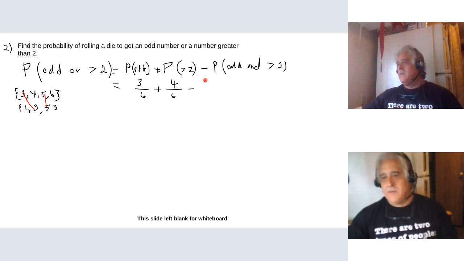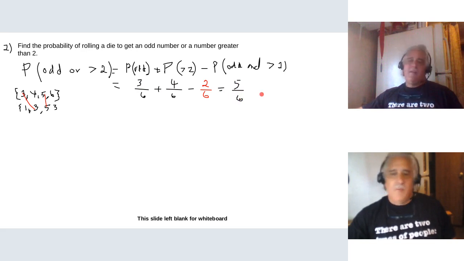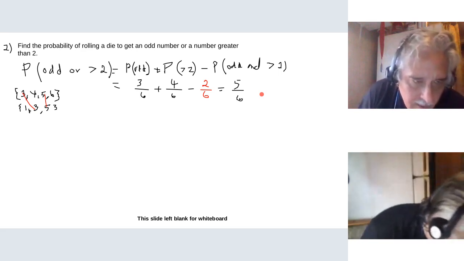So there's 2 out of the 6 that are both odd and greater than 2. So this is 5, I see 7. So we come up with 5, 6.